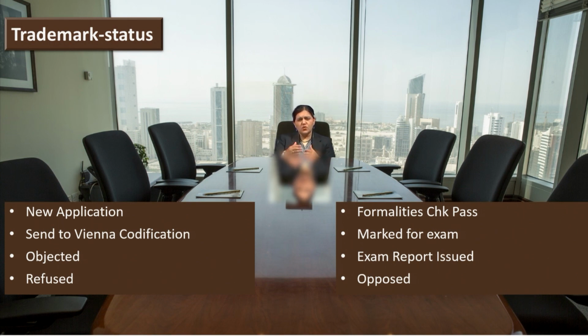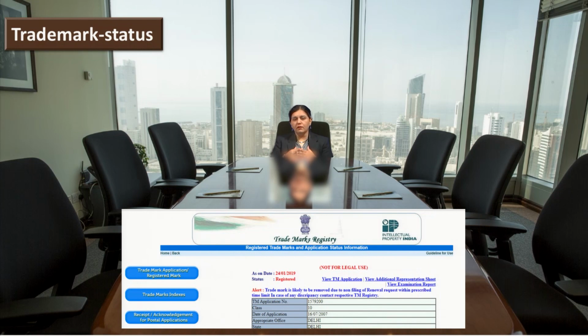So, there are so many other statuses. If you want to check a status, you can just go on the website, and there is a special window for checking status.